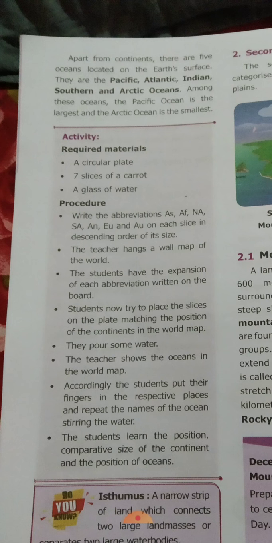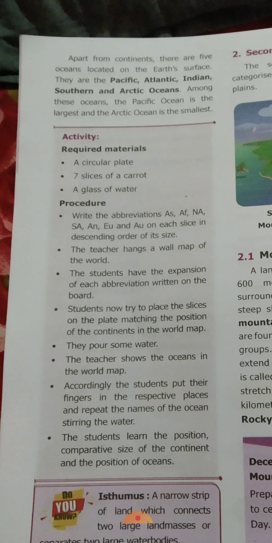Among the continents, Asia is the largest and Australia is the smallest. Like that, oceans also have a largest. Which is the largest ocean? The Pacific Ocean is the largest ocean and the Arctic Ocean is the smallest ocean.